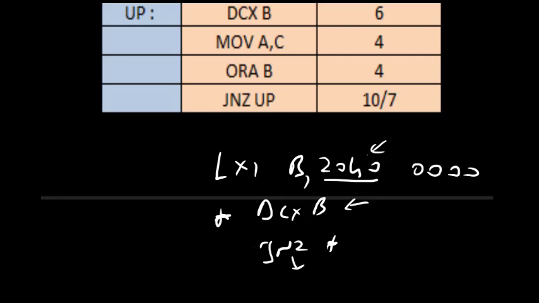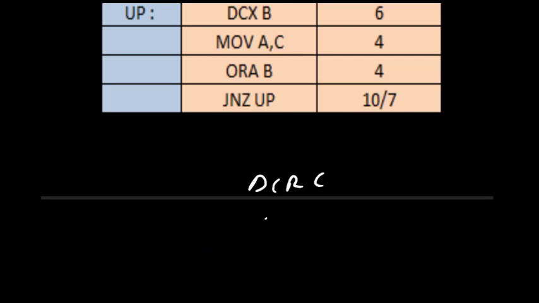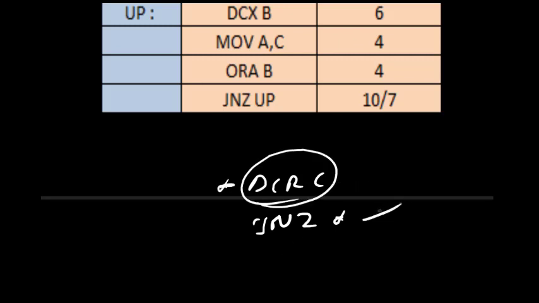But the trouble is with the DCR instruction. In the previous case what we used was DCR C and then JNZ was used. In case of the DCR instruction, when C becomes 0, the zero flag is set.